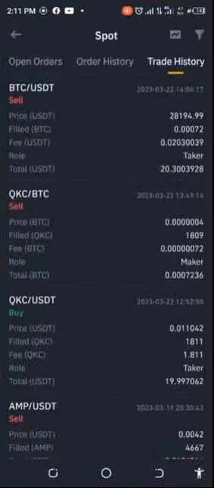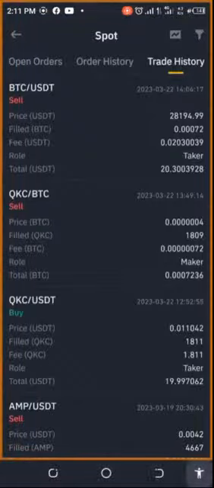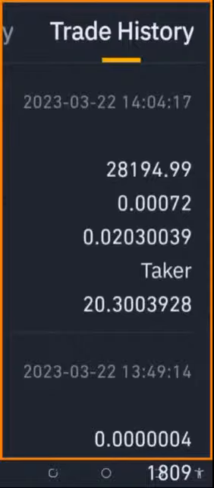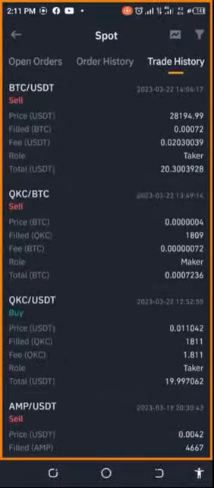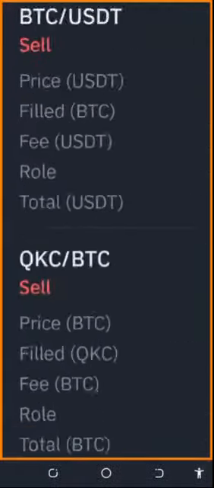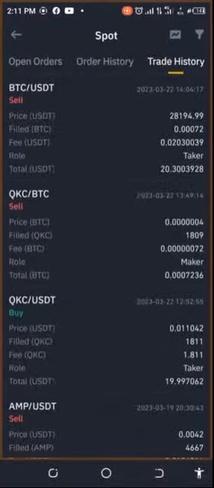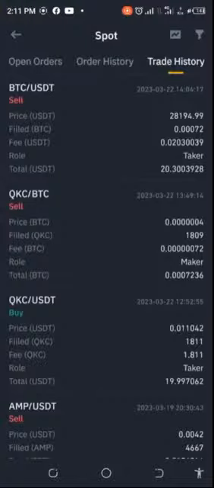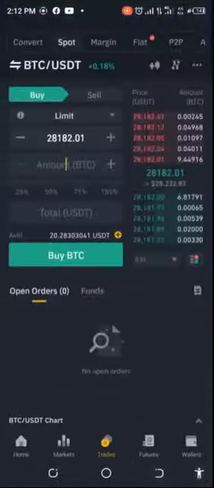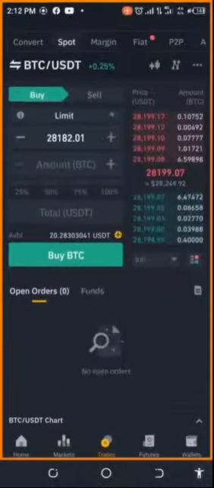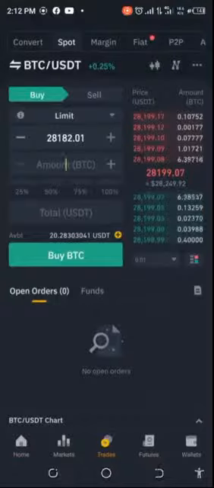We also paid a USDT fee here, about 2 cents. That's the reason why the total USDT plus the fee was 20.30, but when they took out their 2 cents, what we have here is 20.28. So just remember that the fees were taken out.